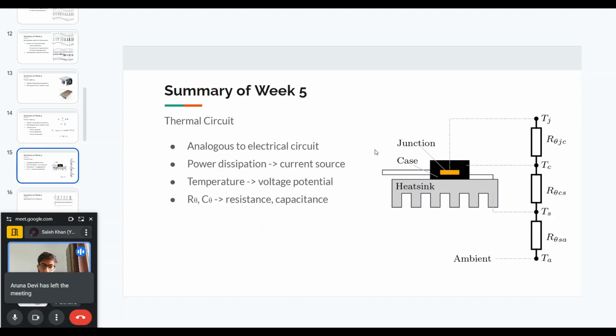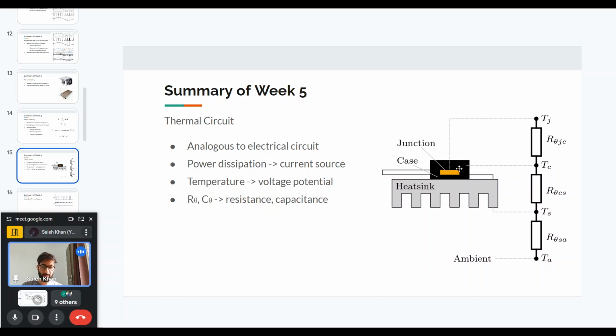We have seen how the thermal circuit looks previously. We have a semiconductor material, which is the semiconductor chip, which is inside the MOSFET or the IGBT case, and it is connected to a casing, and this casing is put on top of a heatsink. Between each of these materials, we will have some thermal resistance or thermal impedance.